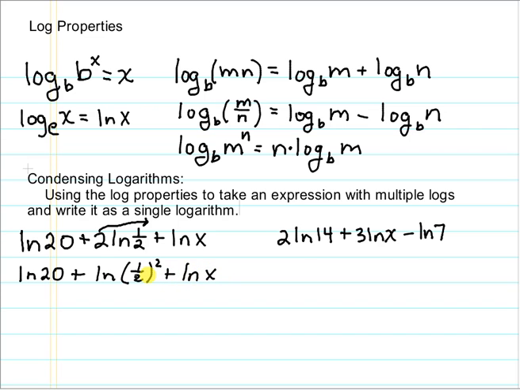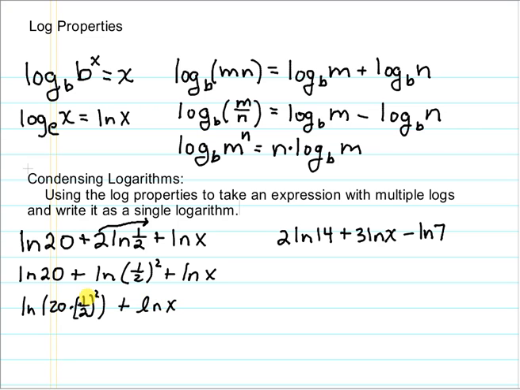Now if we don't have any parentheses and we're doing addition and subtraction, we want to work left to right. So using this plus here, we can use the top property and turn it into m times n. So now we have ln of 20 times 1/2 squared plus the ln of x.